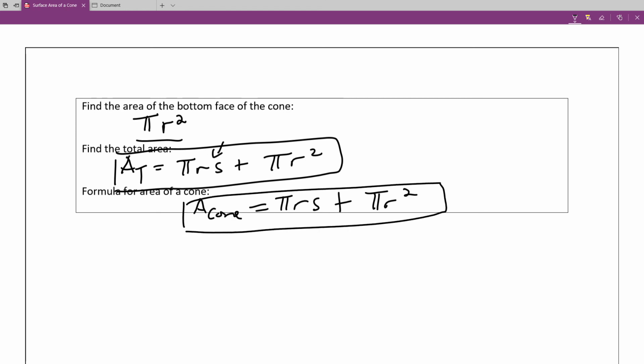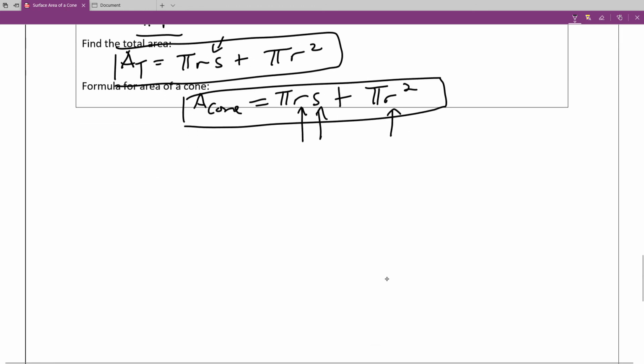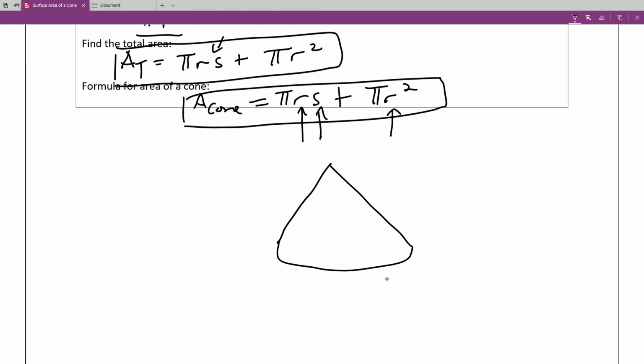So let me just clarify what r is and what s is again for the cone. The r is the radius of the bottom face of the cone, and s is the slant height.